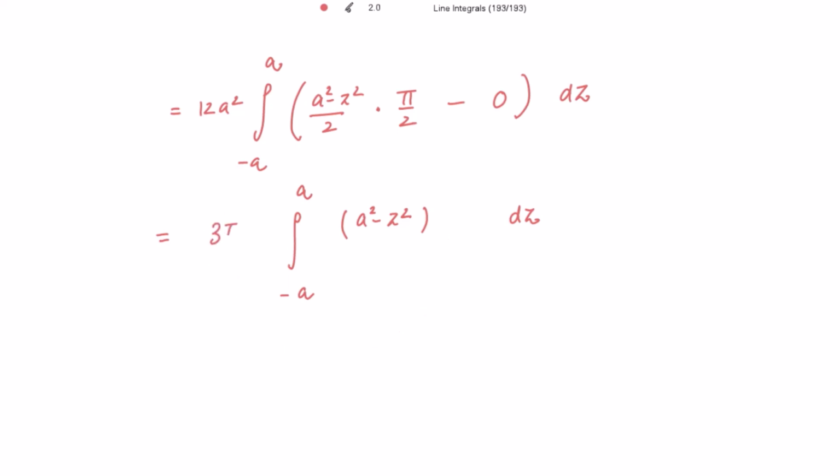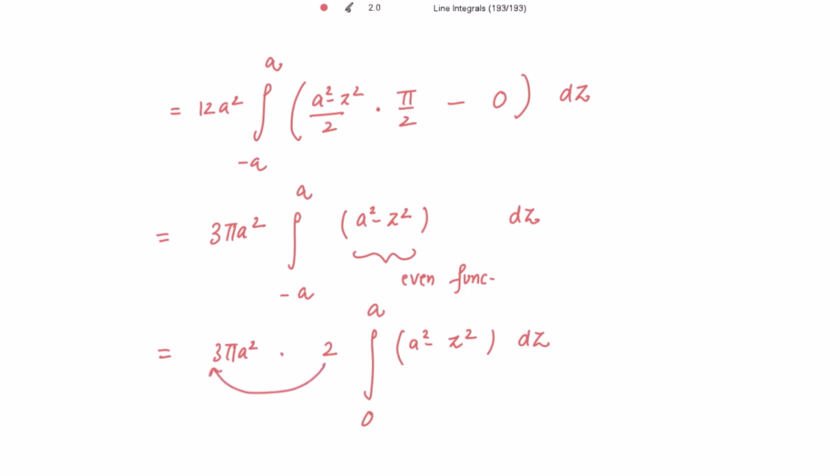So this is 3 pi a square, right? Okay. Again, this is an even function, and the limits are the same with opposite sign. So this integral becomes twice of a square minus z square dz, but the limits will now be from 0 to a.